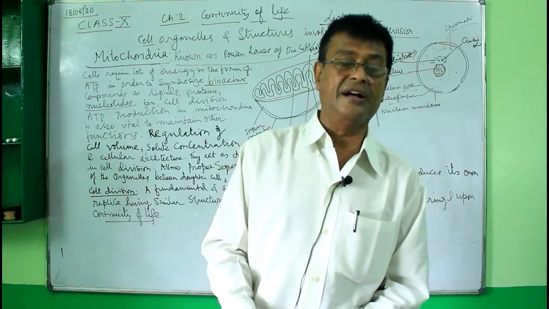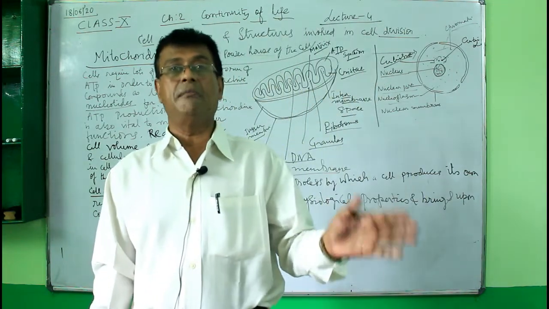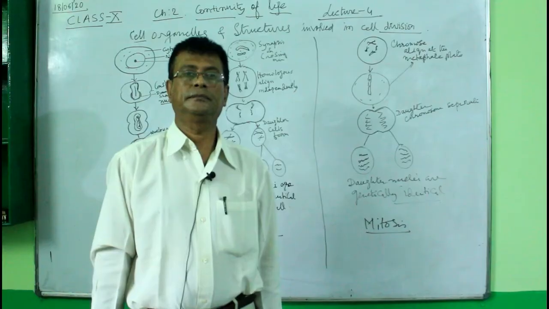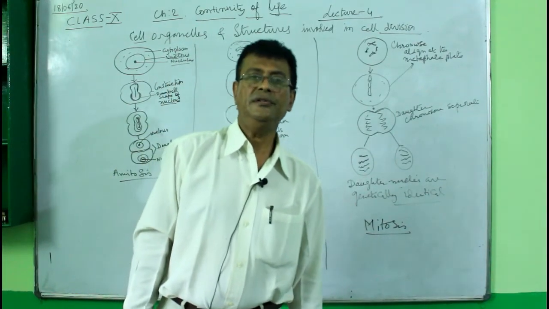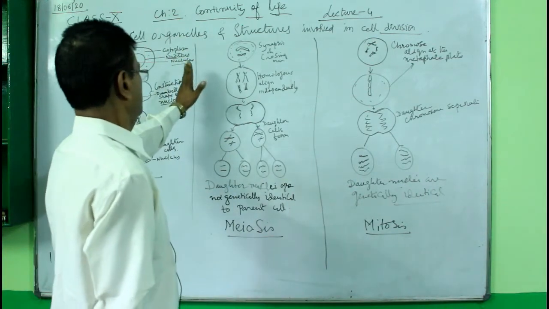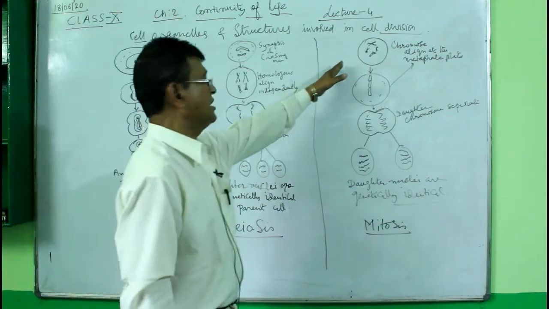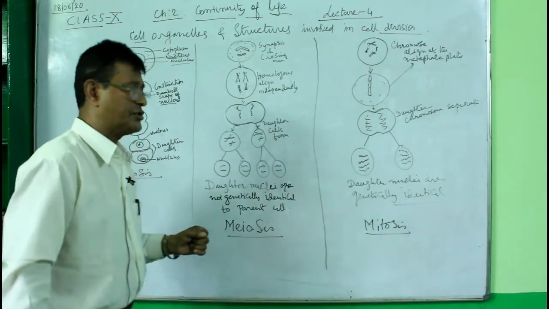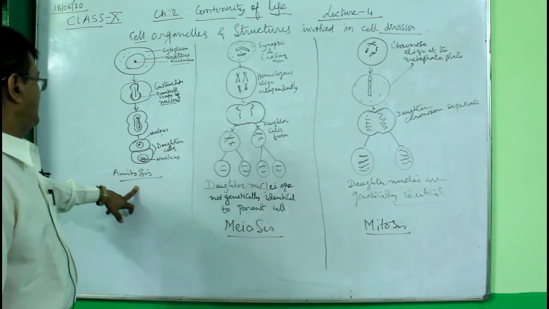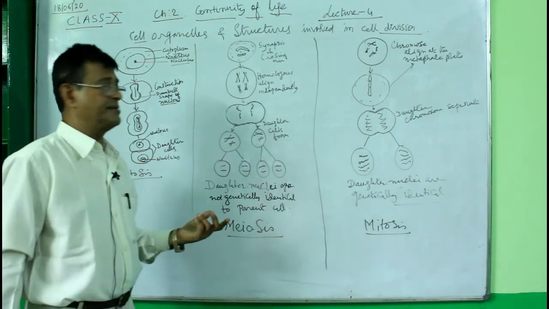Here is the diagram for your mitosis and meiosis. Well, children, we have already discussed the mitosis and meiosis. Here the diagram shows the direct division of the cells into two daughter nuclei. Finally, obviously they are resembling their parents.